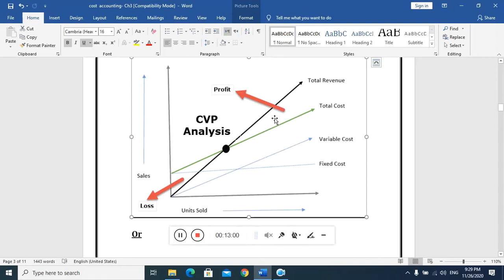The area under the bold black break-even point is called the loss area, and we demonstrated it here by another red arrow. We call it loss, between the green line and the black line, under the black point. This graphically shows you the CVP analysis.